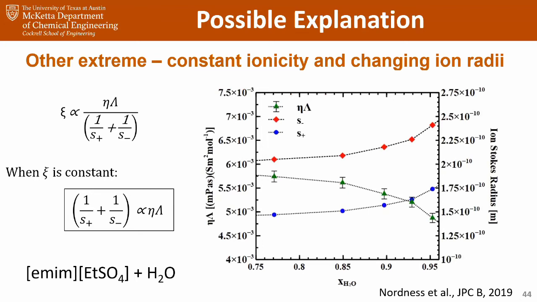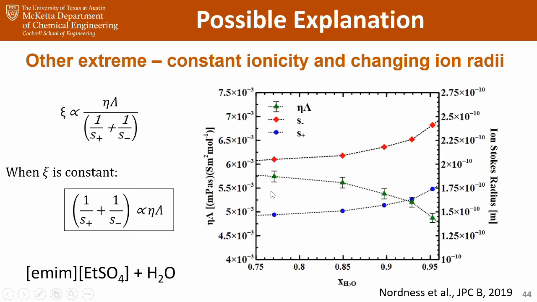But what we think is probably more likely is that as the water content becomes larger and larger, the ionic liquid, things like the EMIM, right, it's not real comfortable in water, and we actually end up getting things like triplets, so that the effective size of the diffusing species is larger.